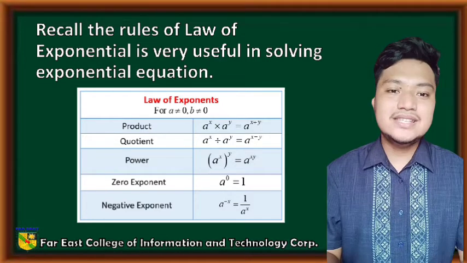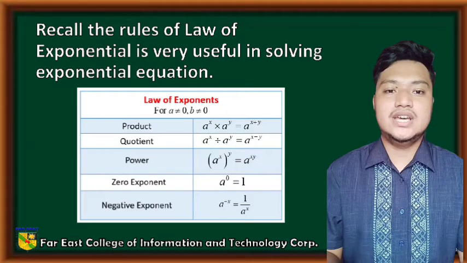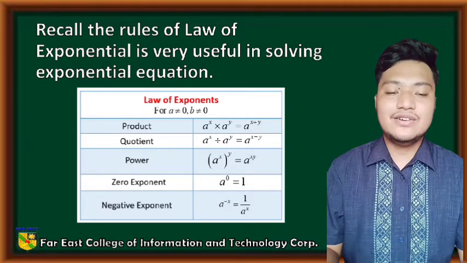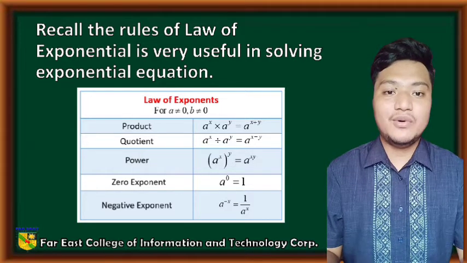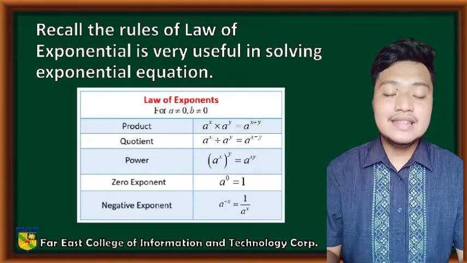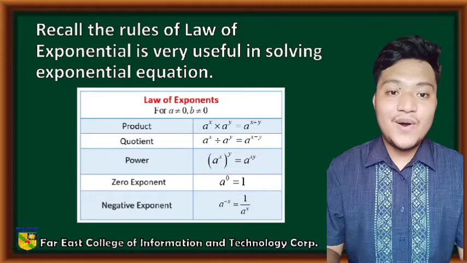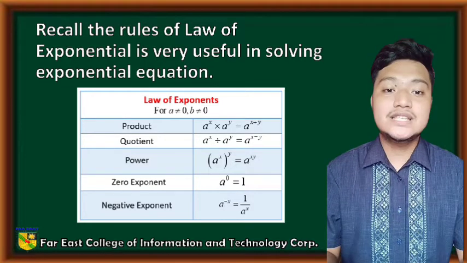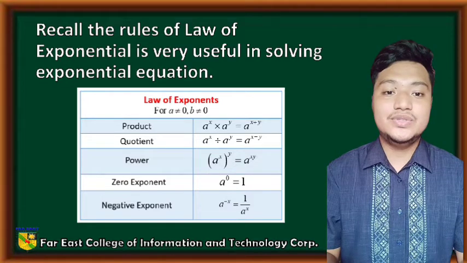So, dito sa division, i-divide natin yung base, and then yung mga exponent po ay subtraction po. I repeat, ang mga base po ay i-divide, and then yung mga exponent natin ay i-subtract po natin.